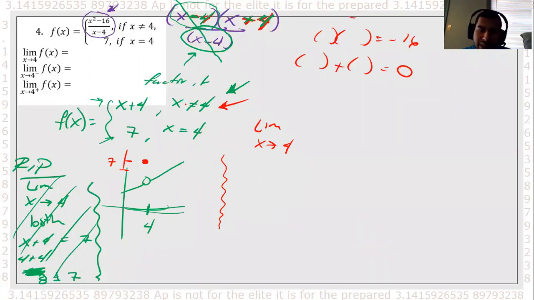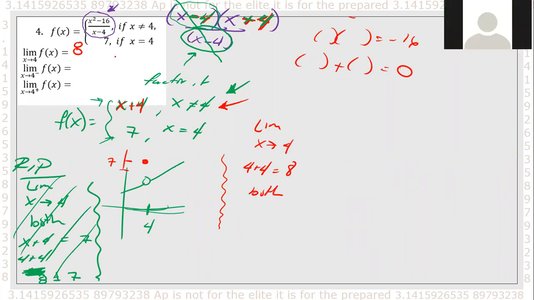Because this one's talking about everything except x equals 4. So it's going to be using this first term, the leftover, which was x plus 4. So it's going to be 4 plus 4, which is 8. That is for both. So this one would be 8.